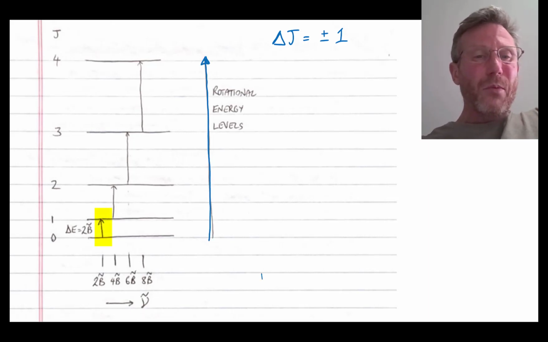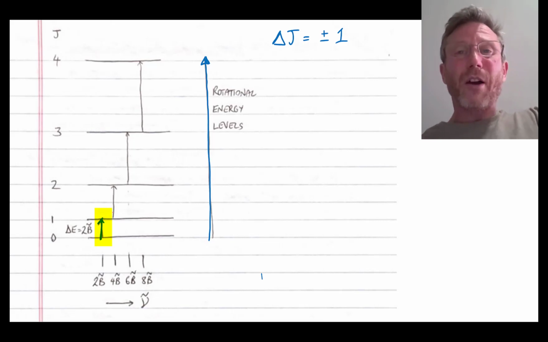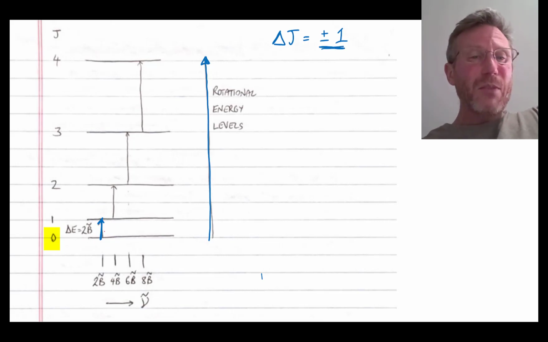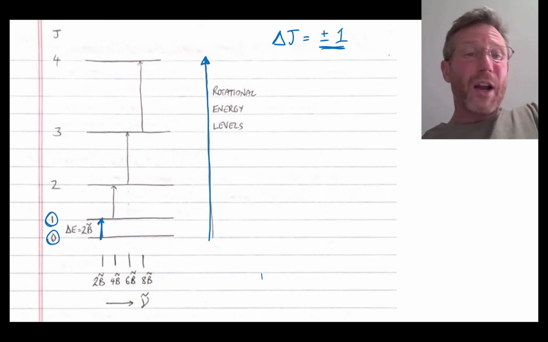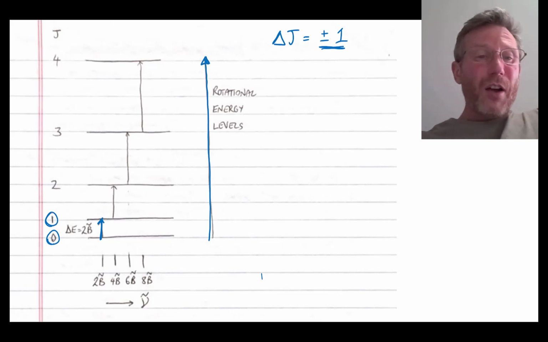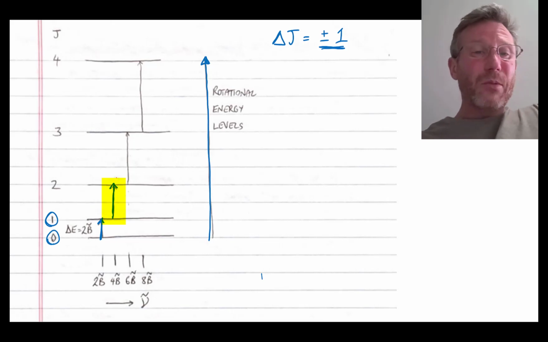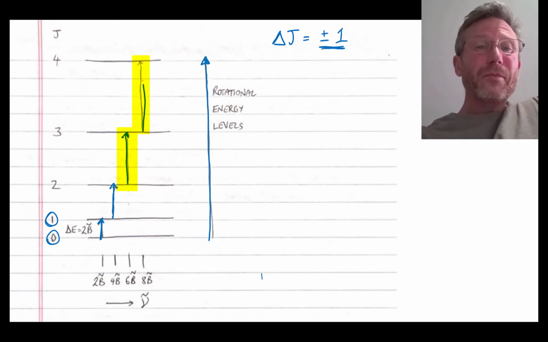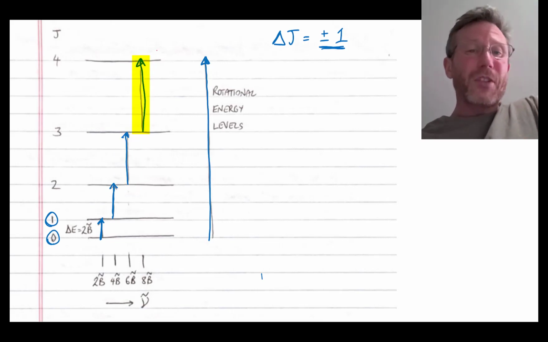And so we can say, well, let's suppose we're starting from J equals 0, and we've got a plus 1 change in J. So that means we can go up from 0 all the way up to J equals 1. We could also start from J equals 1 and go up to J equals 2. J equals 2 goes to J equals 3. J equals 3 goes to J equals 4.